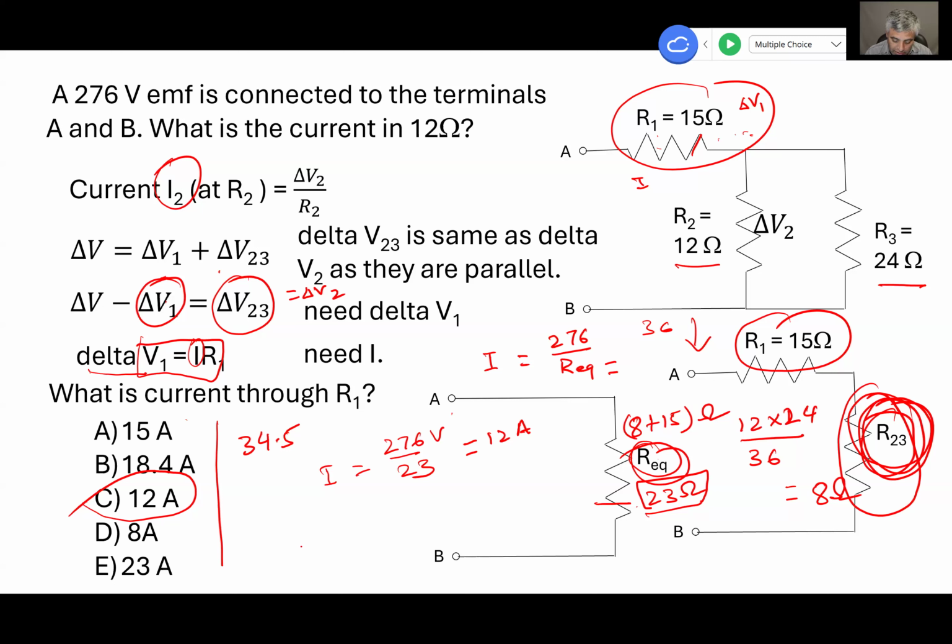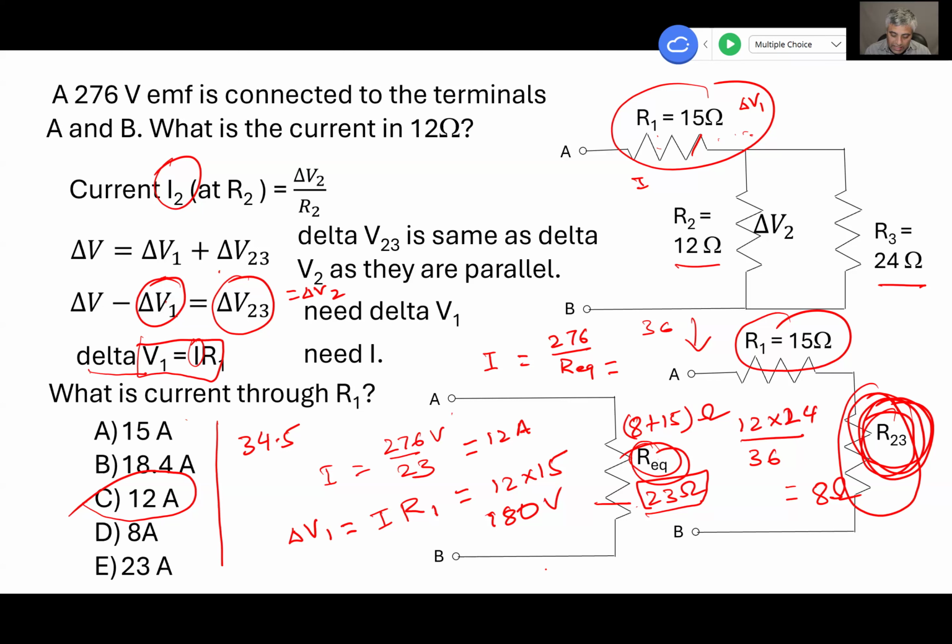So let's do it quick then. So delta V1 is I times R1, which is 12 times 15, is 180.